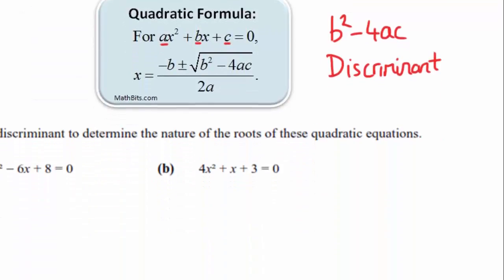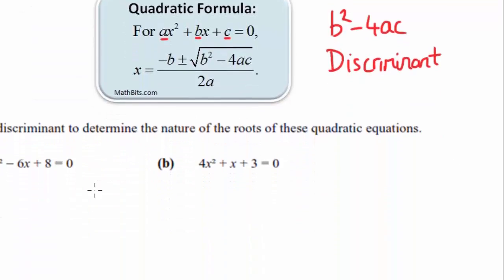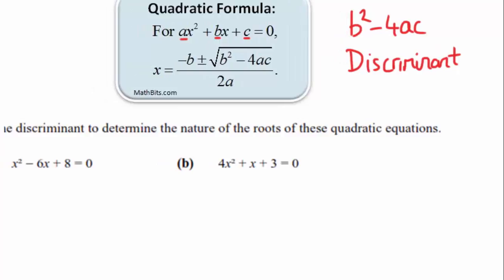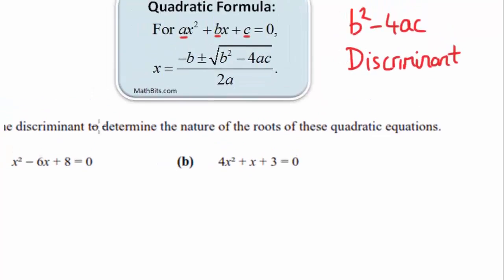Now, to actually work this out, make sure you can see that example. The very first example is x squared minus 6x plus 8. So you write this formula and then you just place the values in. We've got x squared, and the coefficient for that will be 1, so 1x squared.